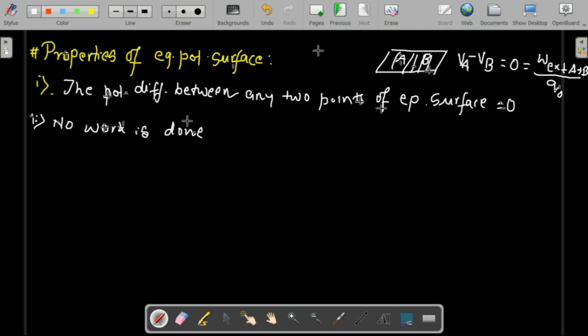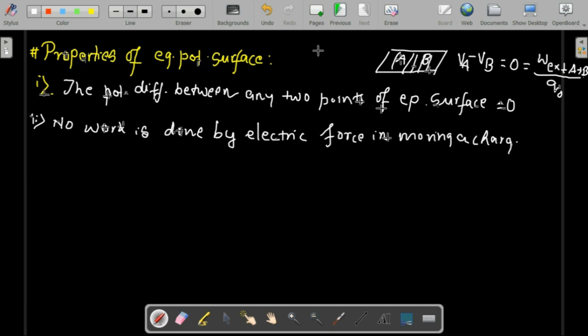These properties are important. In fact, you can get numerical problems based on these properties. No work is done by the electric force in moving a charge on an equipotential surface.